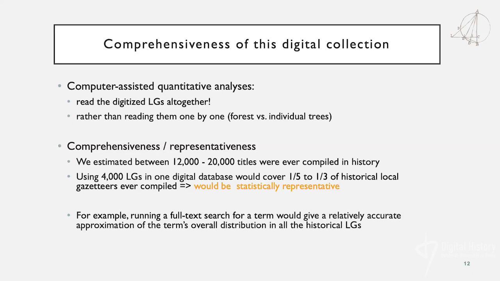And that is a very, very high proportion. That is, I think, the best you can ask for if you are doing any kind of statistical representation of history. So we argue that these 4,000, despite not being the complete existing set of local gazetteers, can still give us a very good representation.